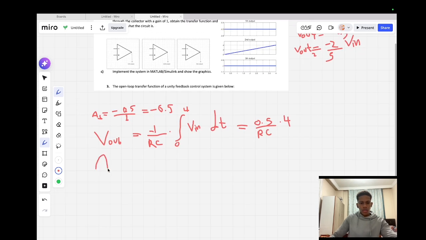So the AV2 will be Vout over Vin, 0.5 multiplied with 4 over RC, over 0.5 minus 0.5.